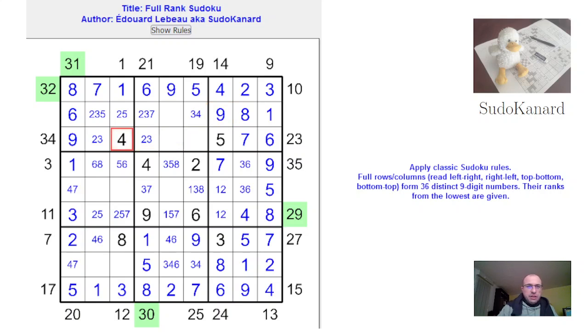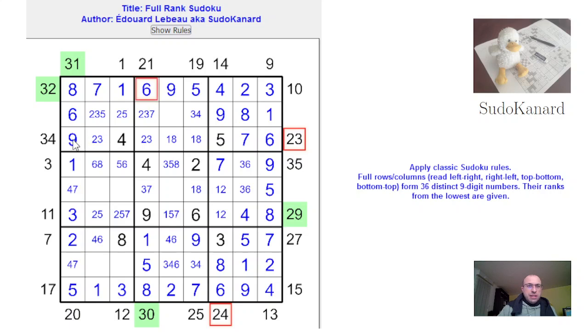So that's not 7. We have a 2-3 pair here, so this here must be a 1-8 pair. And I have a 3-4 pair in this column, so that's not a 3. So now 23 and 24 are okay.